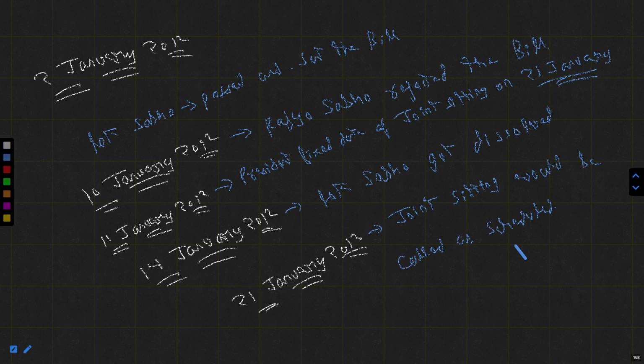Okay, remember this. If the joint sitting date is not already decided by the president before the dissolution of the Lok Sabha, no joint sitting would be called. And if the president already chose the date of the joint sitting and then the Lok Sabha got dissolved, in such a case, on the date on which the joint sitting is supposed to happen, the joint sitting would be called as scheduled. Okay, remember this point.